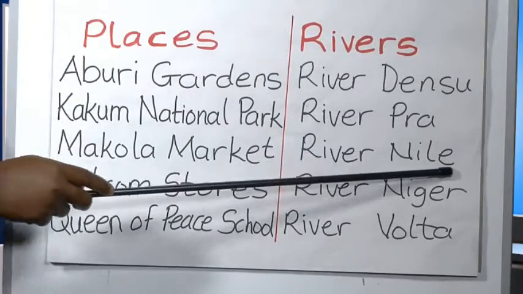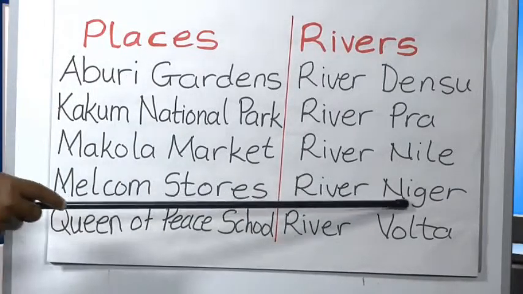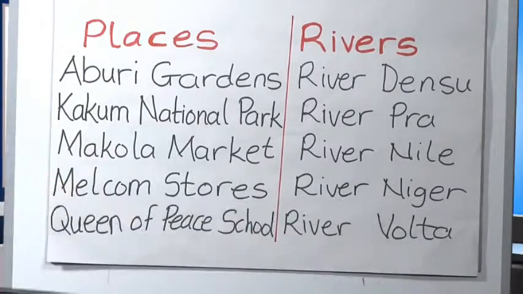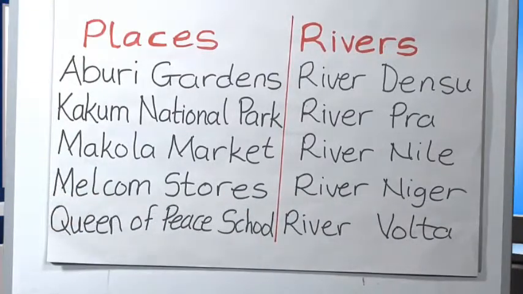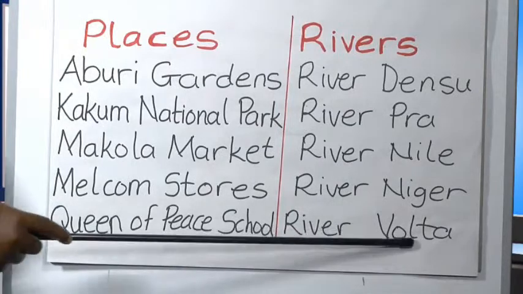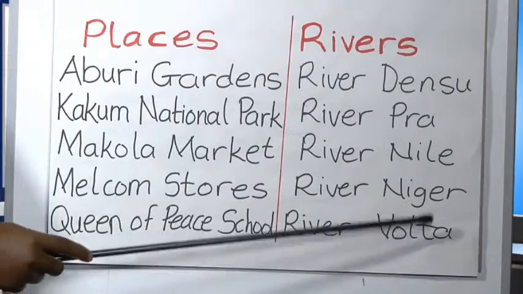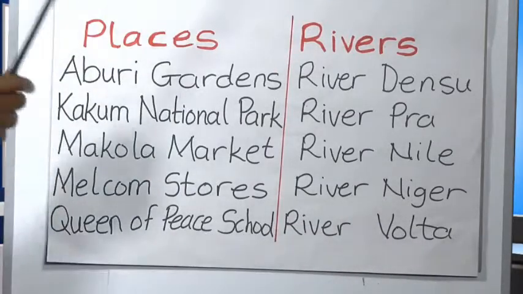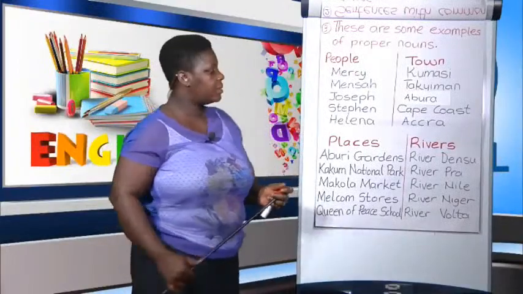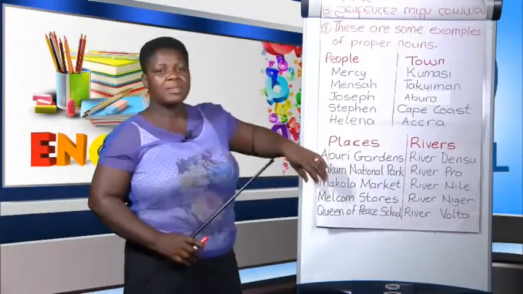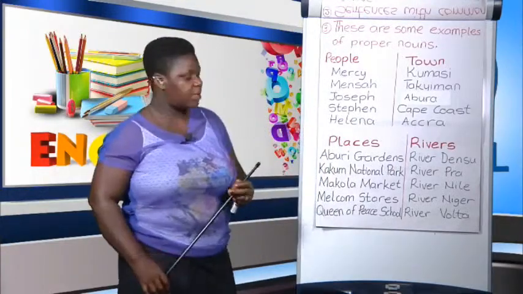River Niger. And River Volta. So these are some few examples of proper nouns. Now we shall take sentences having proper nouns.